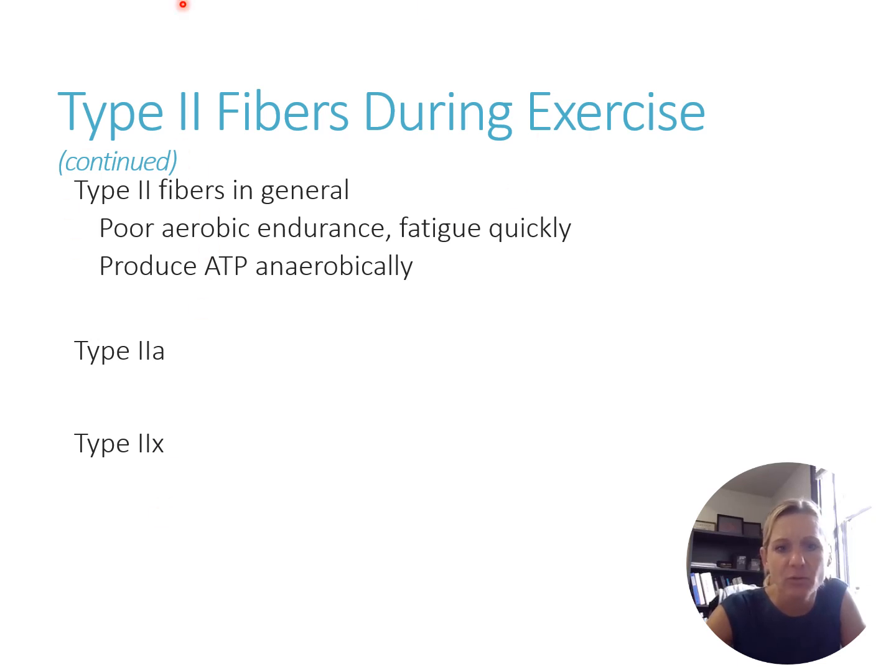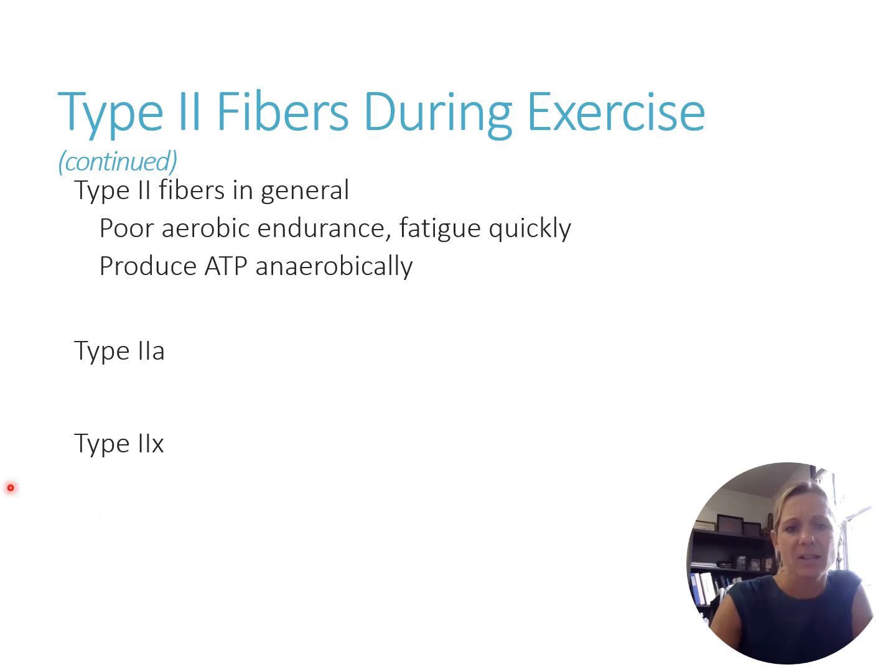So again, type 2 fibers in general are going to be your fast twitch fibers. So again, we have 2A and 2X. So type 2A are going to produce more force and they're going to be faster. So they're going to be good for short, high intensity, endurance events.